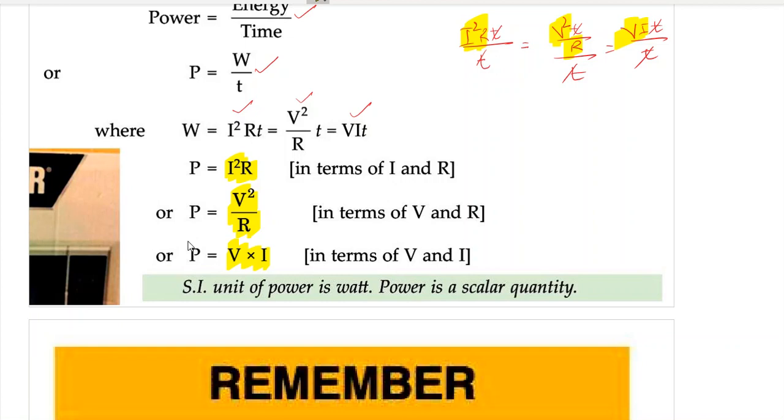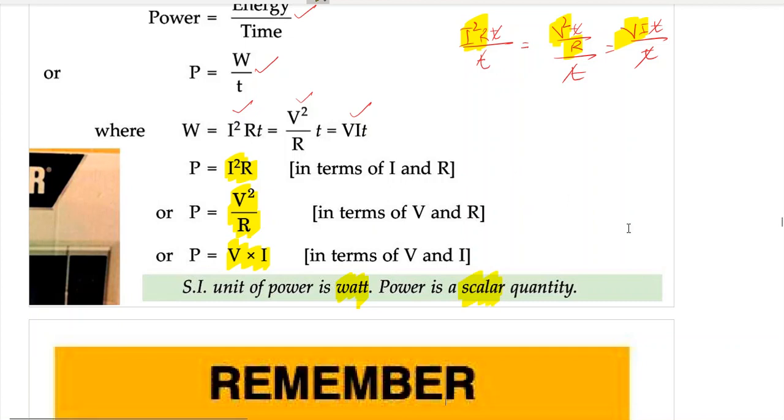A simple formula. So this is not mechanical power, remember, this is electrical power. That's why the formulae are a little different, because potential difference, resistance and current are also involved here. The SI unit of power is watt, named after a physicist, James Watt, and power is a scalar quantity. Right?